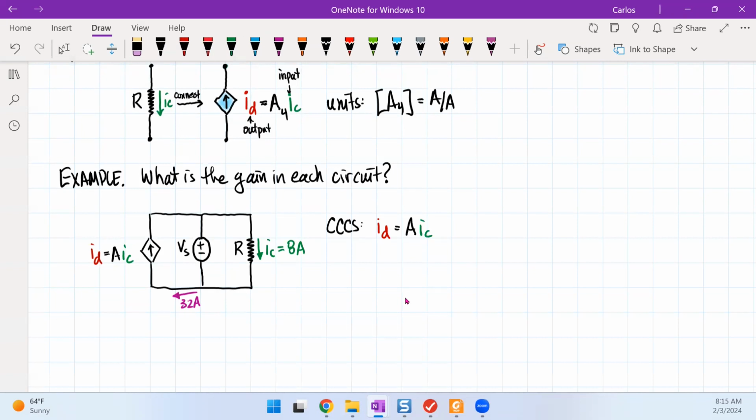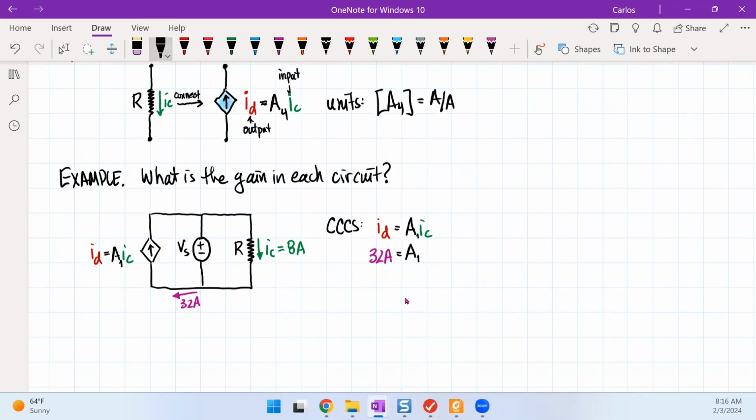Just by inspection, the current of the dependent source is going to be 32 amps, and this is going to be our gain A. Wow, look at that, amps and that. So how about if I label this with 1, just to separate it from the amp.